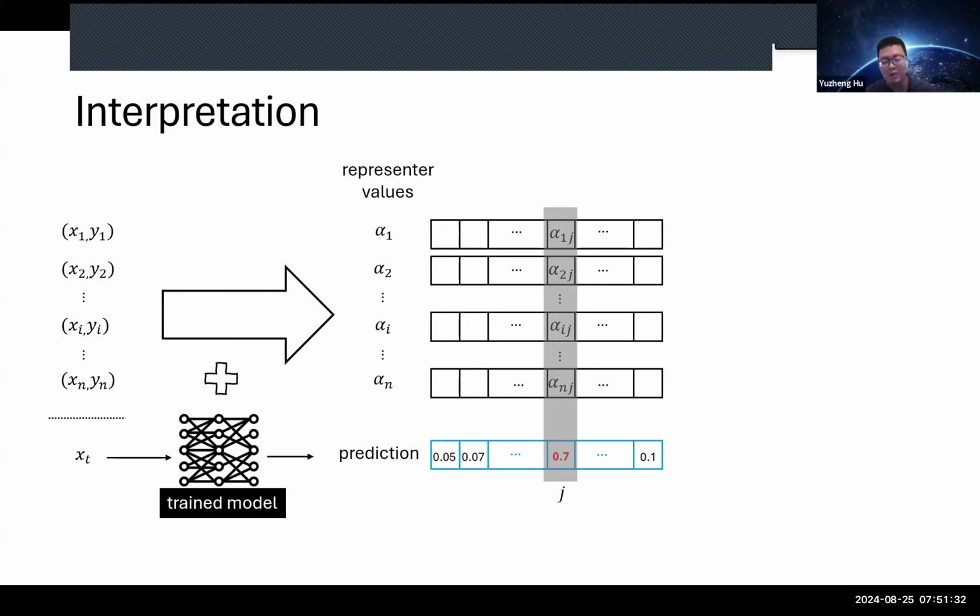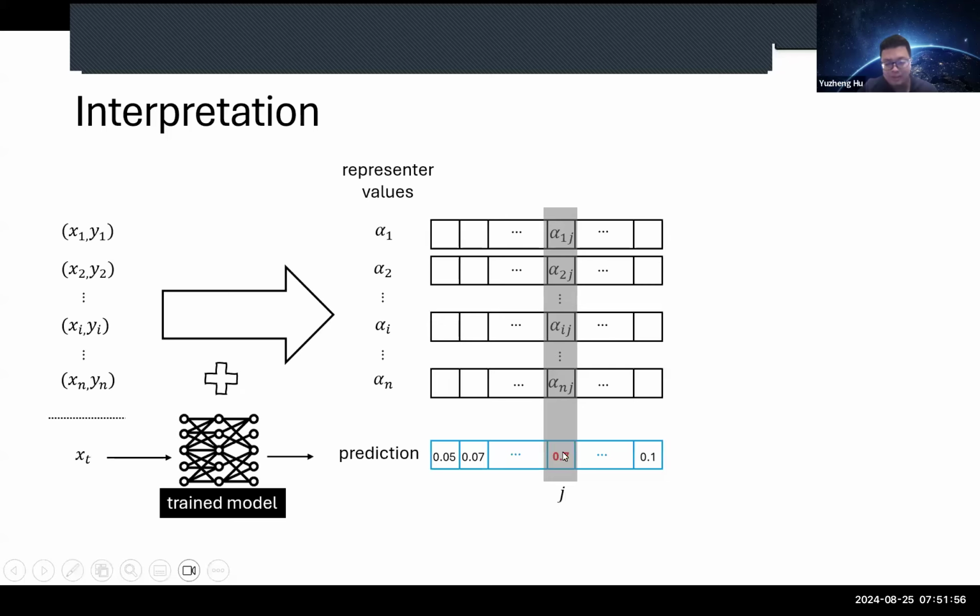Of course, we can also look at other columns, but they have different meanings. For instance, if you look at column 1, then we are trying to understand how each sample contributes to the model making a prediction of 0.05 for xt to be class 1.